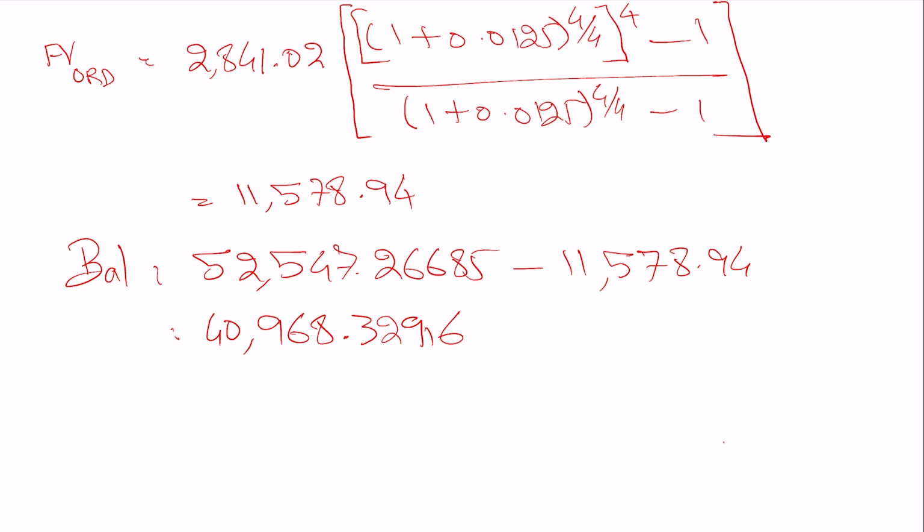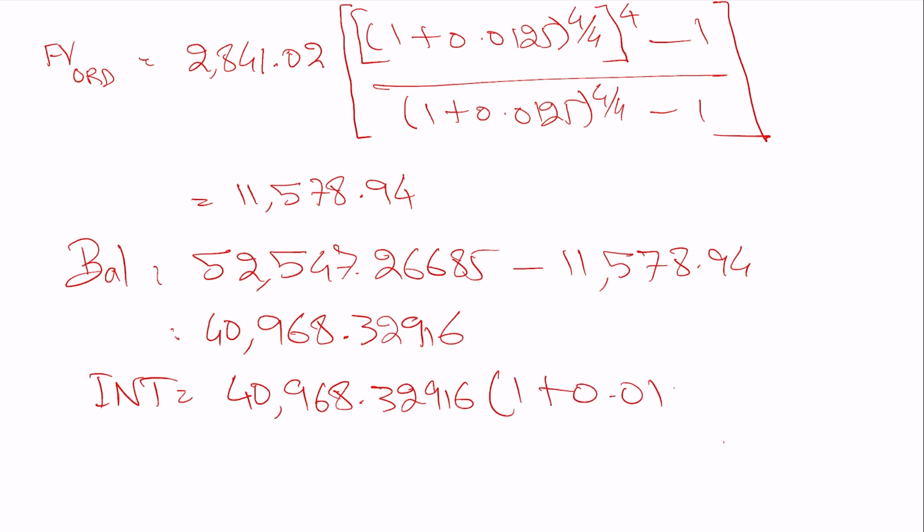And if we apply the formula for interest, so what is the balance, which is 40,968.32916 into 1 plus 0.0125 exponent 4 by 4 minus 1.